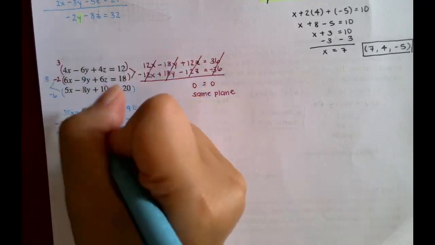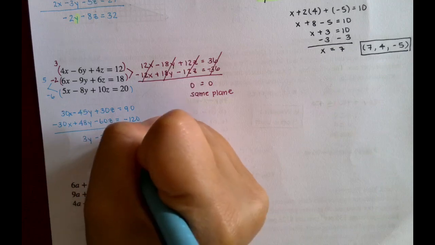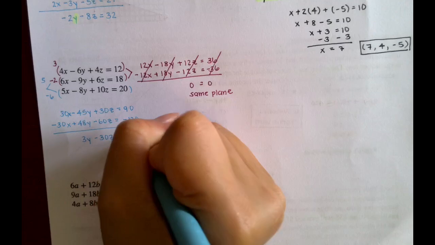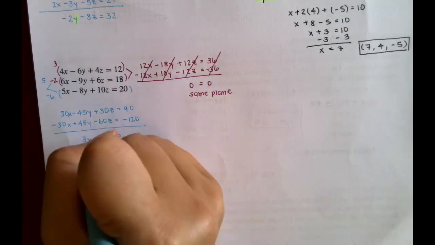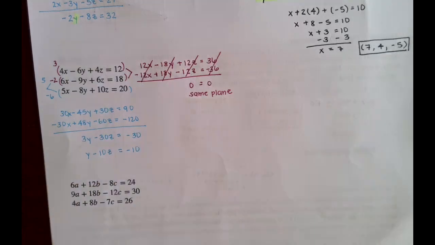What results is 3y minus 30z equals 90 minus 120, which is negative 30. And then I can also divide by the GCF 3, which gives y minus 10z equals negative 10.